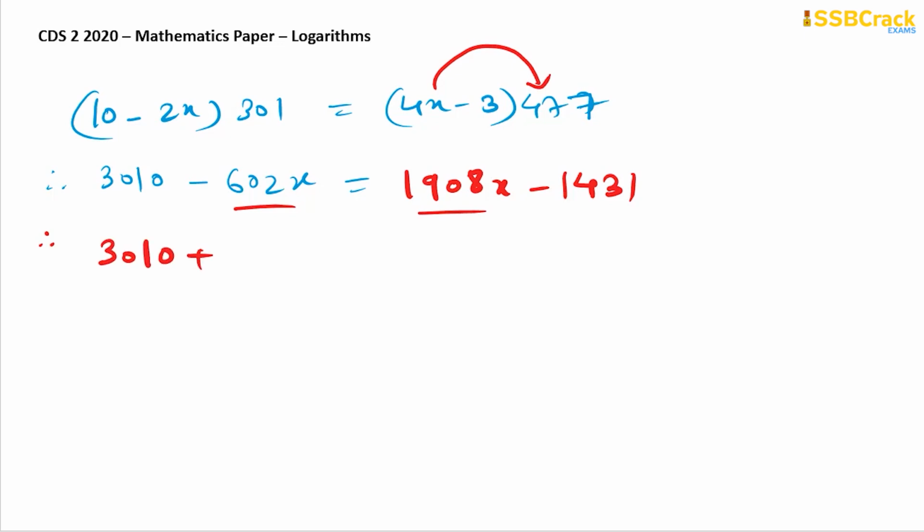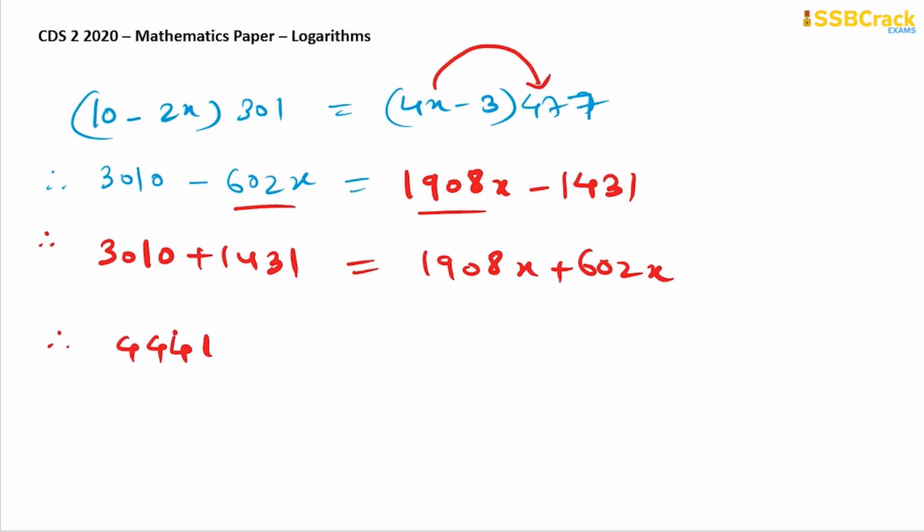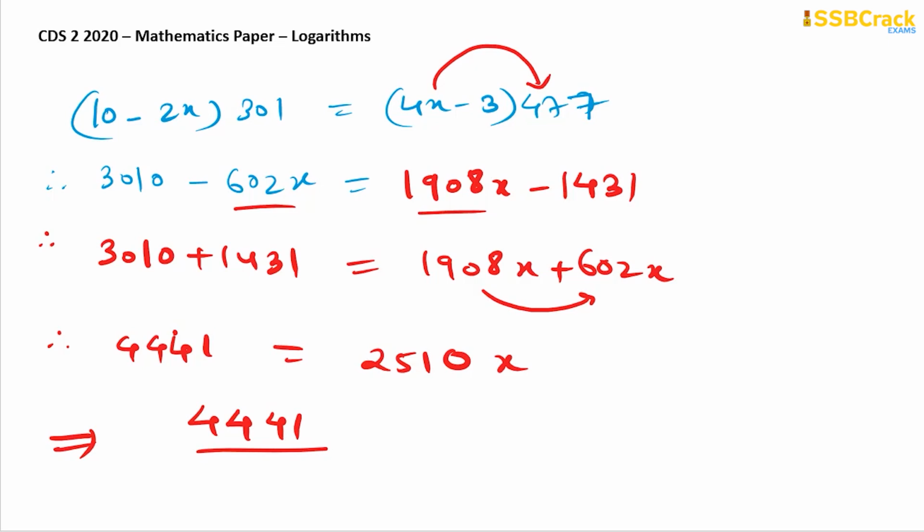So 3010 plus 1431 is equal to 1908x plus 602x. Now the addition of these numbers: 1 at the ones place, then 1 plus 3 is 4, then 4, then 4, so 4441. Equals this addition: we get 10 carry 1, then 9 plus 6 is 15 carry 1, 2. So 2510x. So what are we getting now? 4441 divided by 2510 equals x.